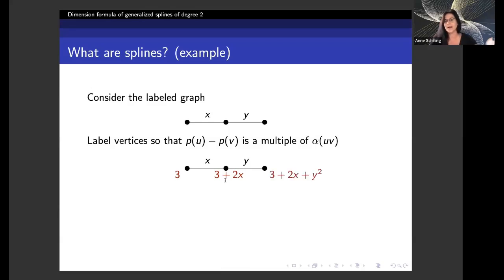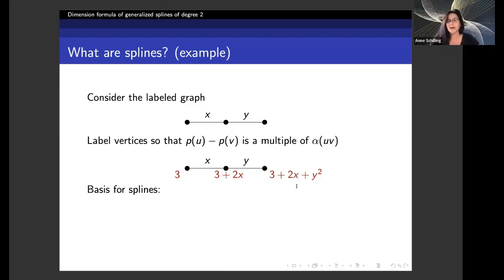And then for the last one, if I take the label for this vertex and subtract the label for that one, it should be a multiple of y. You can see that the difference is y squared, which over the ring R that I specified is a multiple of y. So this would be a spline for this particular edge labeled graph.